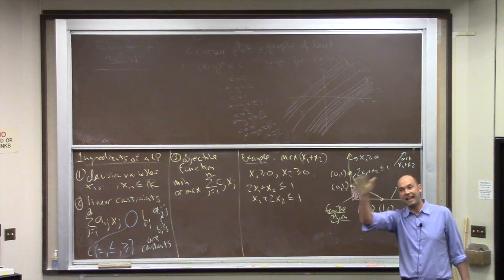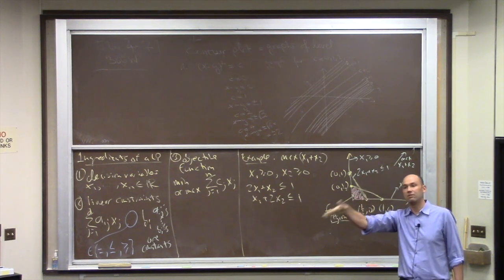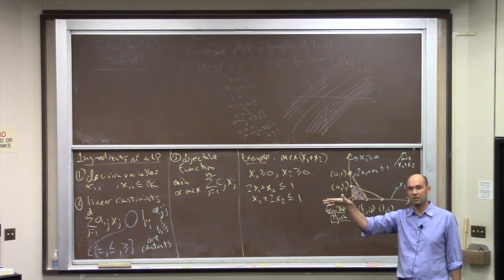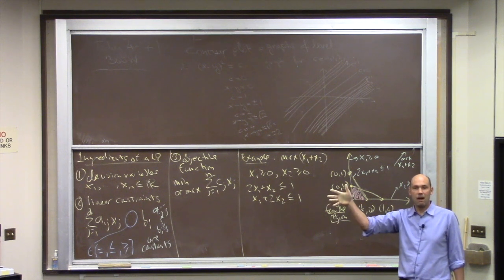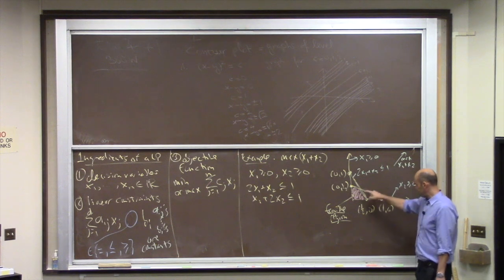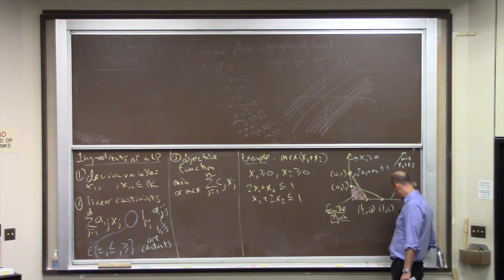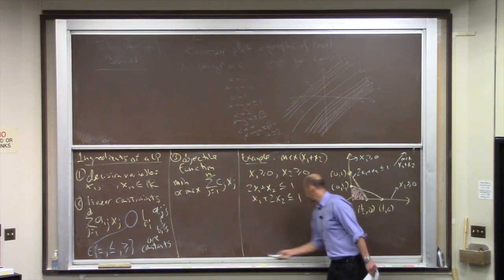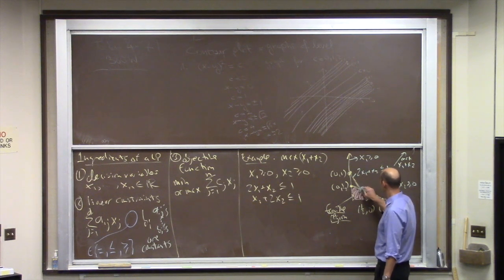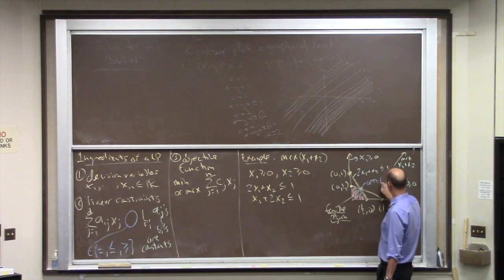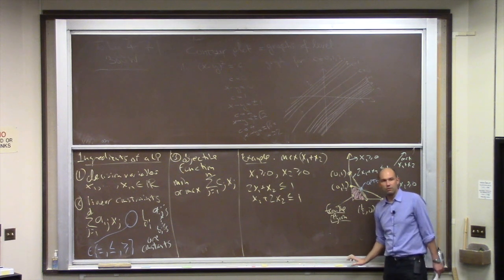So this is like the last level set, in this case the most northeastern level set that intersects the feasible region. That's going to be your optimal point. So in this case, the point on the final level set is this corner here. This is the point 1/3, 1/3 for an objective function value of 2/3.